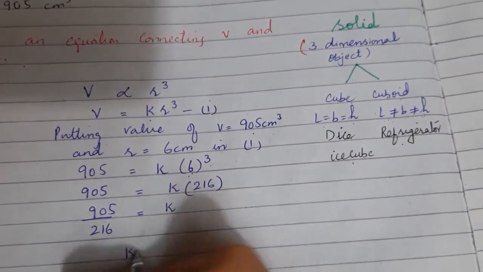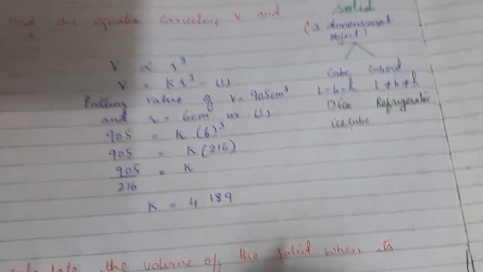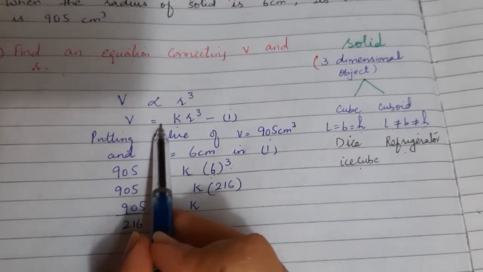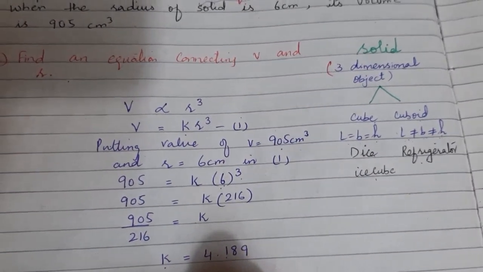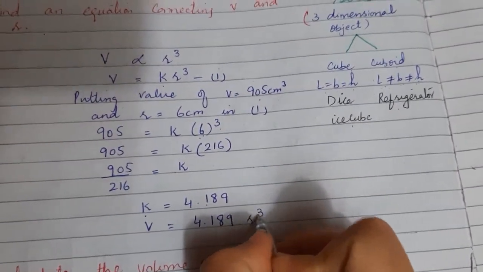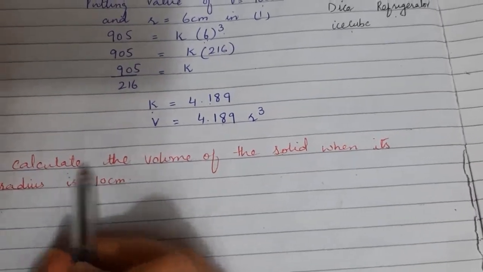You will get k is equal to 4.189. After finding the value of k, you are going to put this value in equation number 1. You will get V is equal to 4.189 r cube.